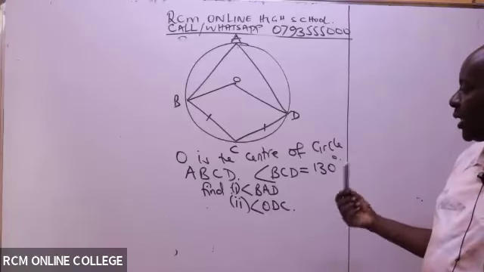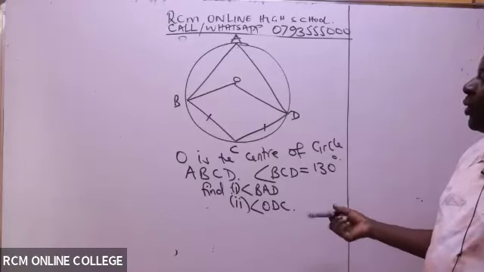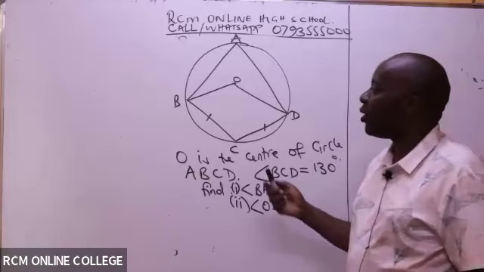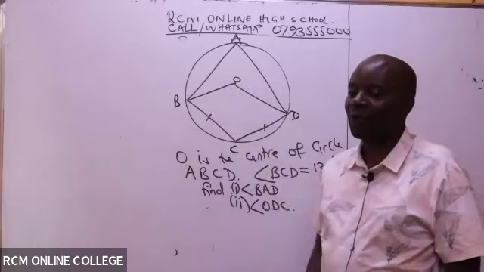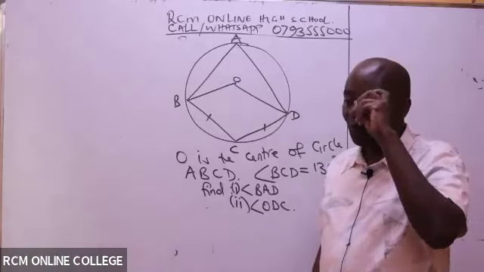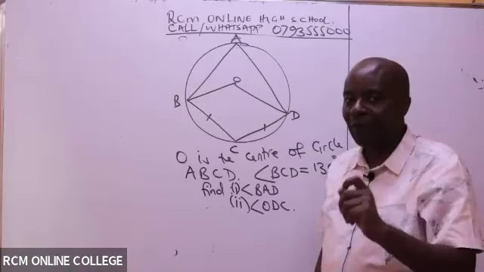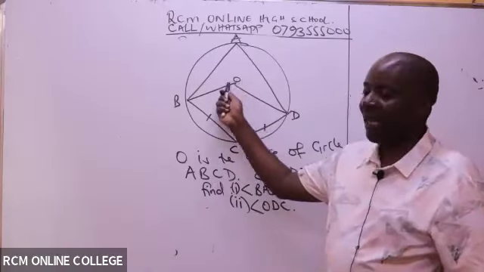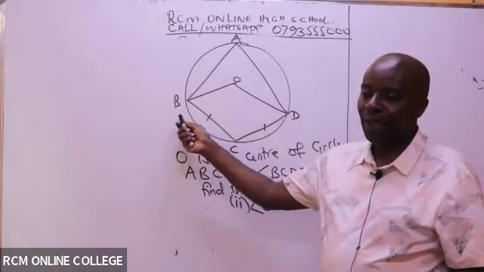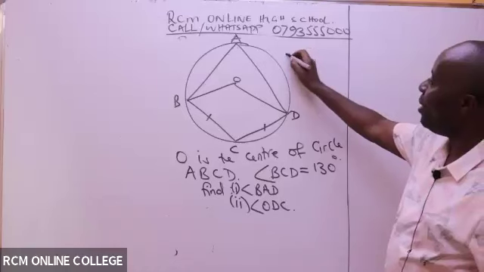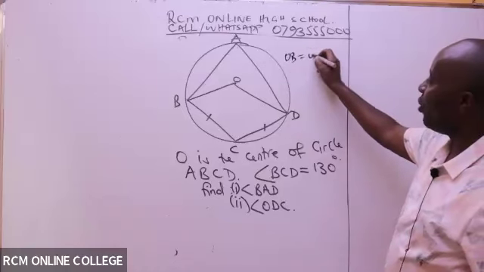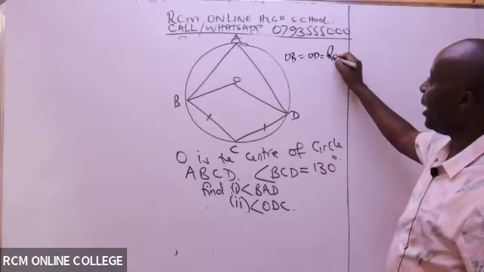So then if you're given this kind of a question, how do you solve this? They're telling us that O is the center of the circle. Remember, the line that stretches from the center to any point of the circumference will automatically be a radius. So OB is a radius and OD is a radius. So we have OB equals OD, and these are the radii.